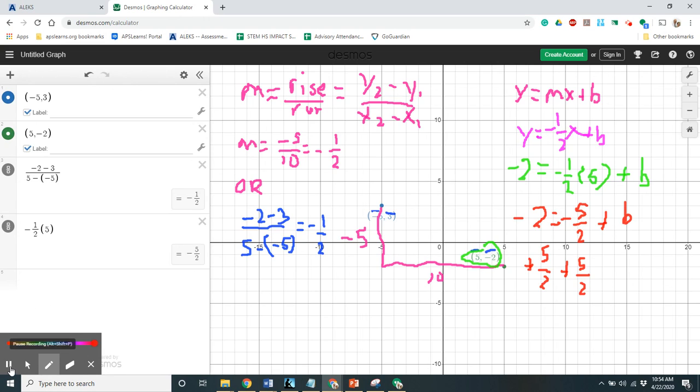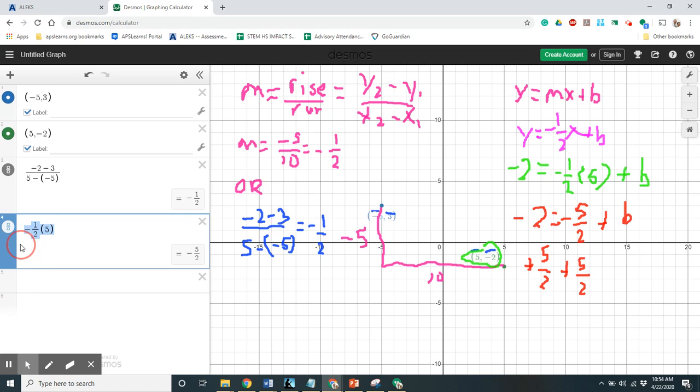So I'll type this in. Now we'll do negative 2 plus 5 halves. Turn it in fraction mode, so it's 1 half.